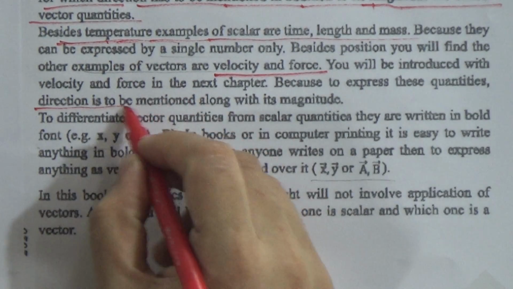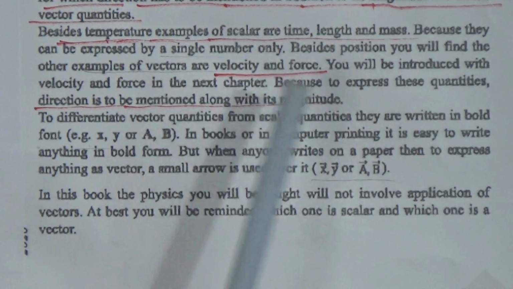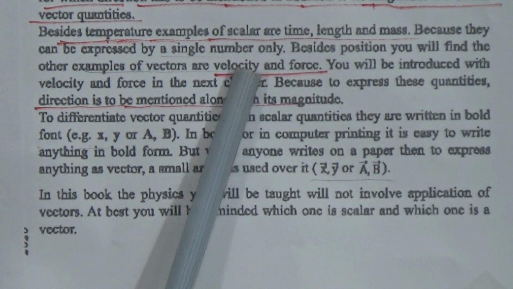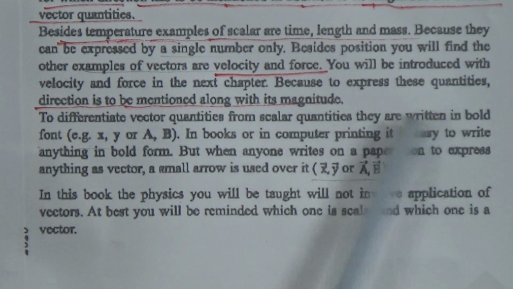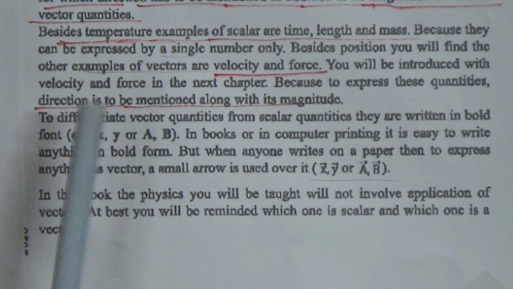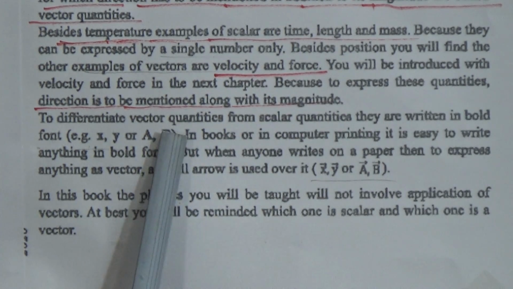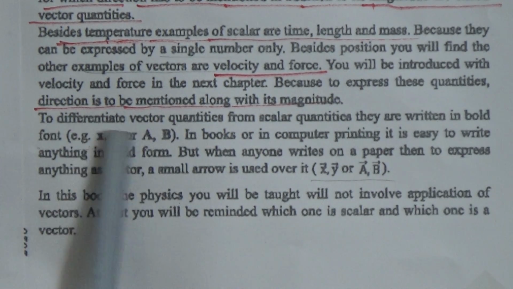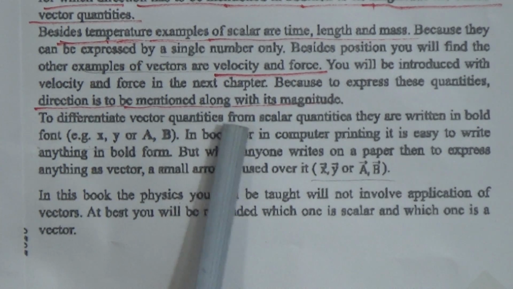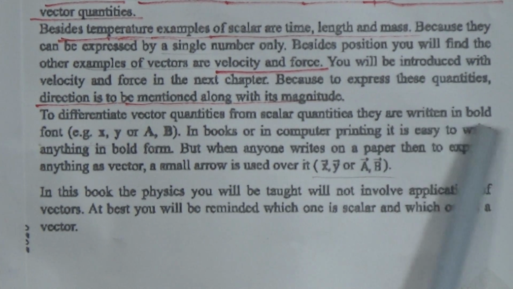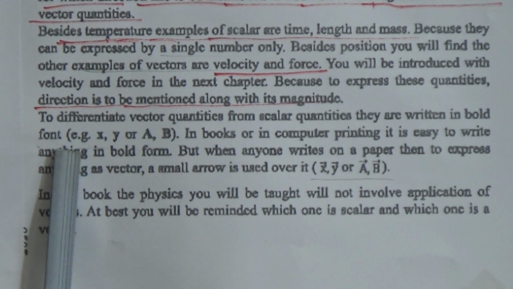Okay, because for these quantities, direction has to be mentioned along with magnitude. Why are force and velocity vector quantities? Because to express these quantities, direction and magnitude have to be mentioned. And to differentiate vector quantities from scalar quantities, they are written in bold font.